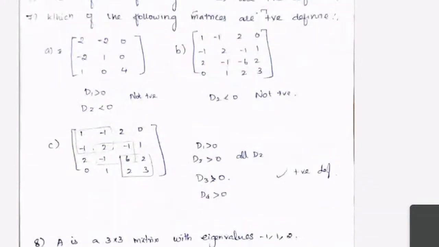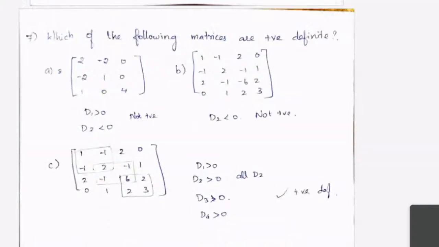Next we have to find which of the following matrices are positive definite. Here D1 is greater than 0, 2, 1, 4 are greater than 0, and D2, 2 minus 4, is not greater than 0, hence this is not positive definite. Here in this D2, 1 minus 2 minus 1, it is not positive.